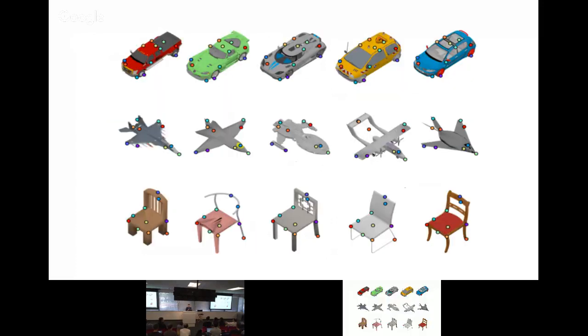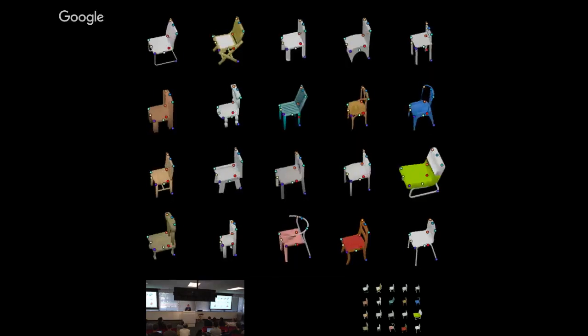And so when we combine these different loss functions, we get these kinds of key points on ShapeNet categories. For example, the algorithm is able to discover tips of planes and chair legs and relatively intuitive key points.